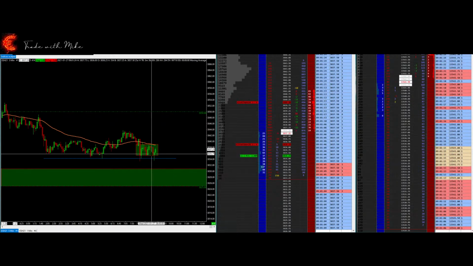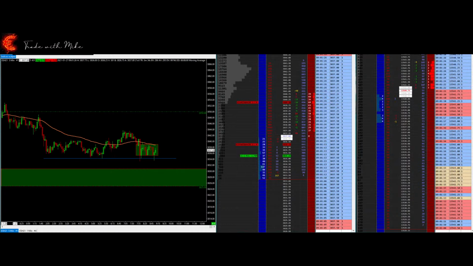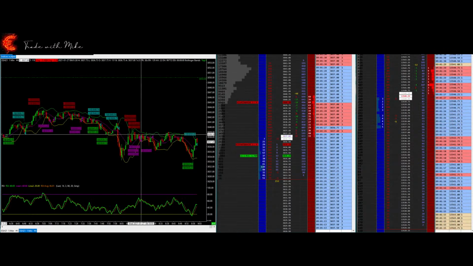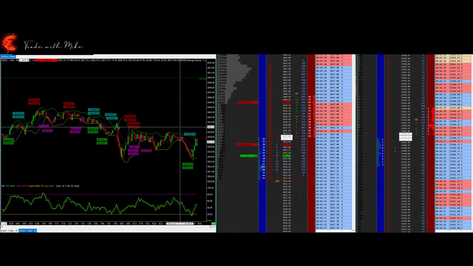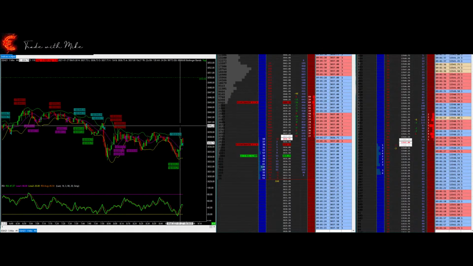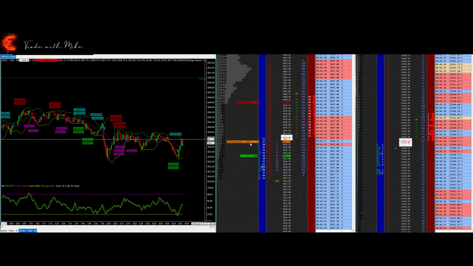So what I see is it might go today to 38.50. It might be the same like yesterday, the same game. I don't think it will happen during the European session though. I believe it will happen during the American session.